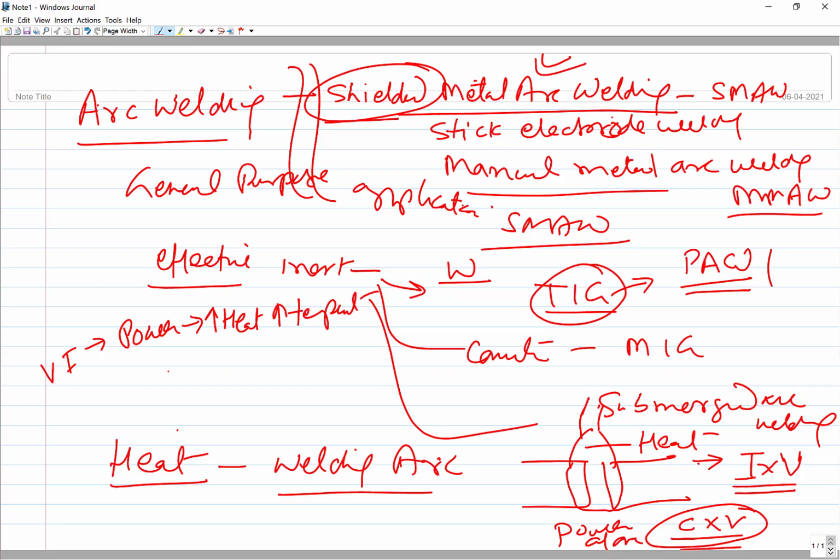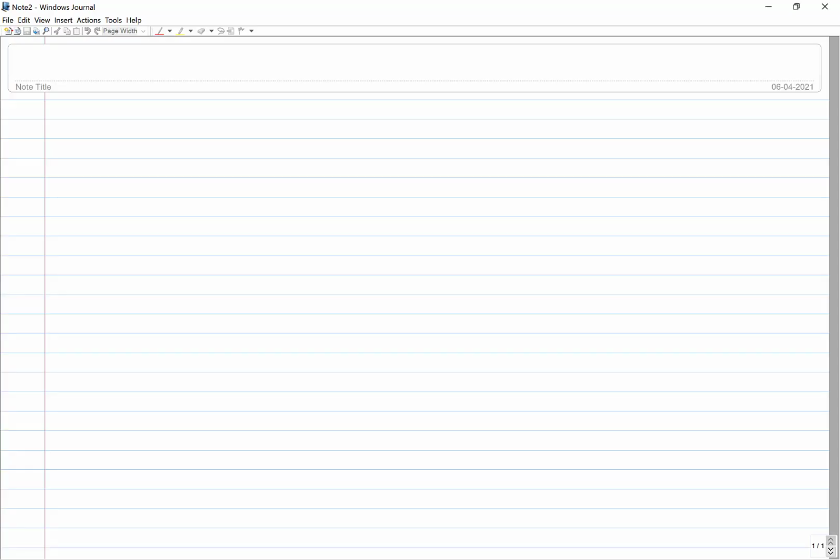So higher will be the speed of welding, and greater will be the depth of penetration, the depth up to which the base metals can be melted. This is the role of the heat or power of the arc.